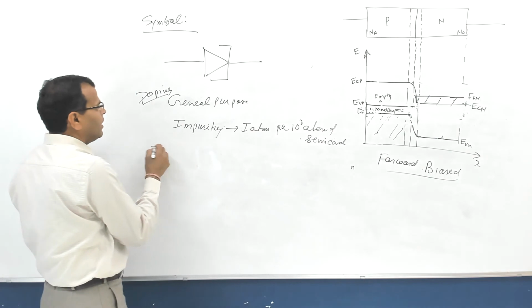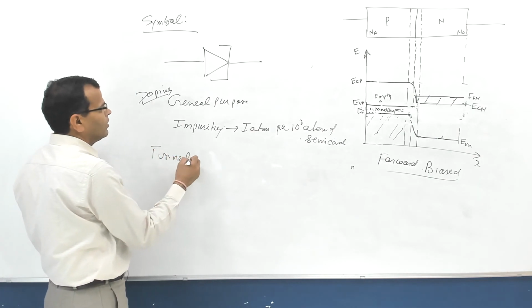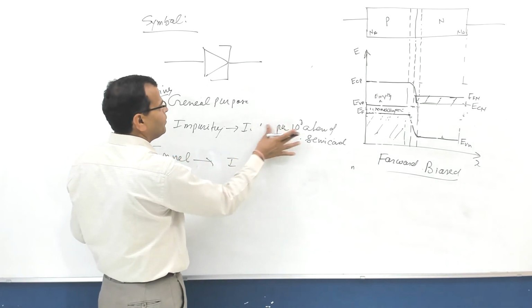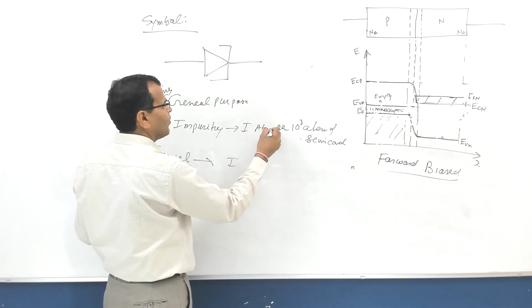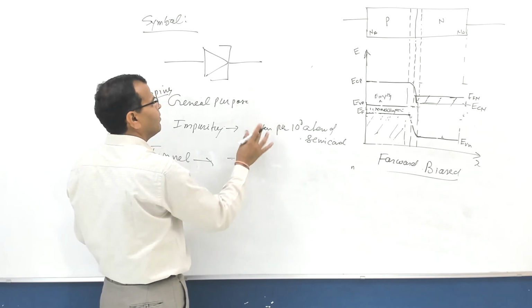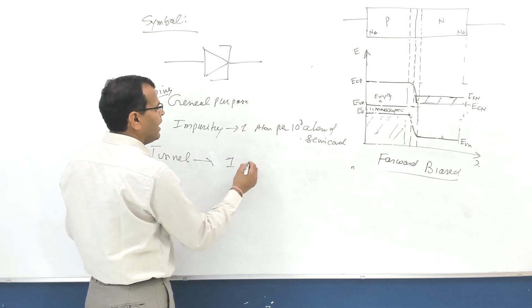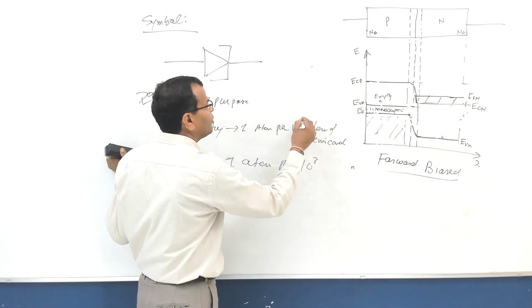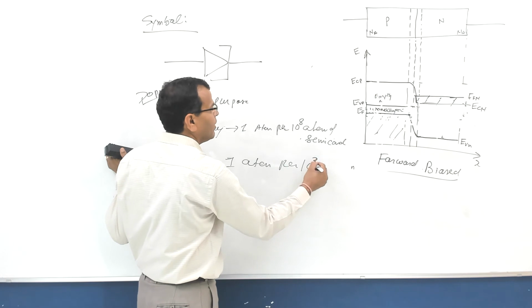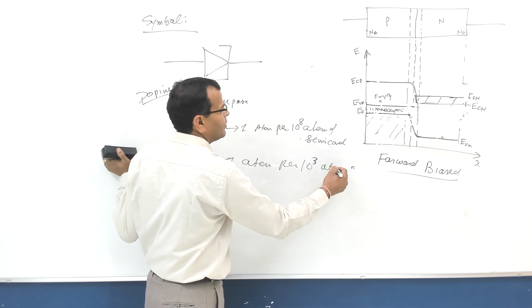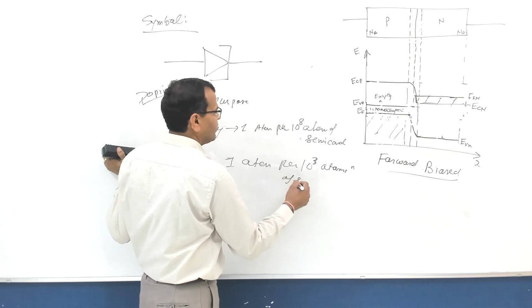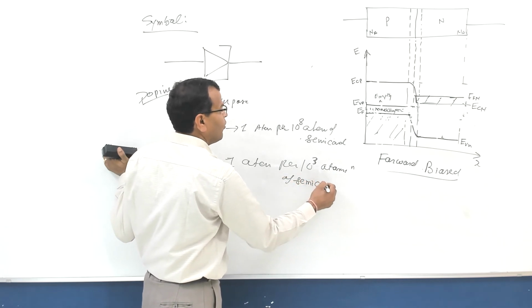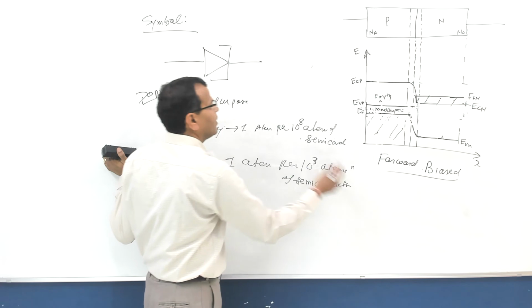In the case of a tunnel diode, it is 1 atom per 10 raised to power 3 atoms of semiconductor. So that is the approximate level of doping in a tunnel diode.